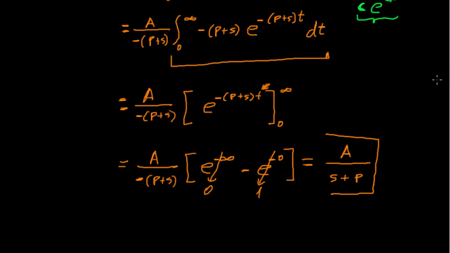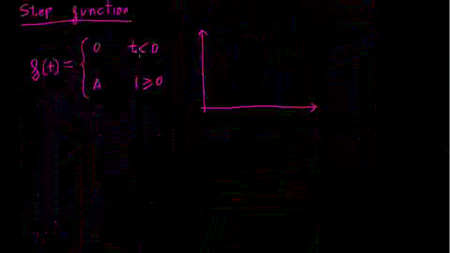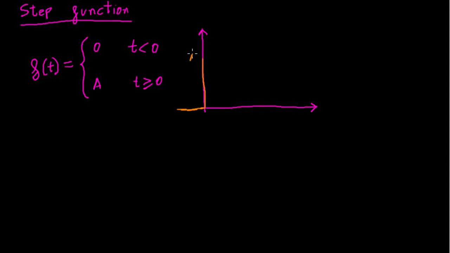The next function whose Laplace transform we want to calculate is the step function, defined as 0 for negative time and a constant a for positive time. That is to say, the function comes here, and in t equal to 0 it goes up until the value a and keeps this value from then on.